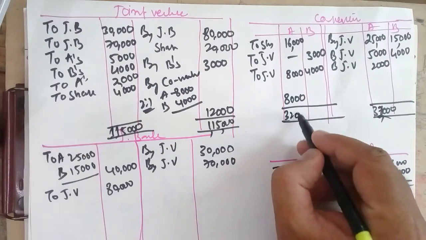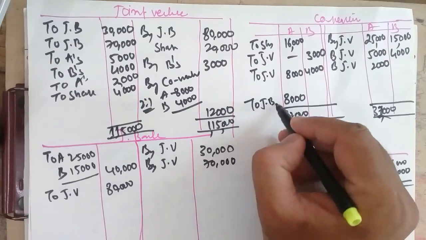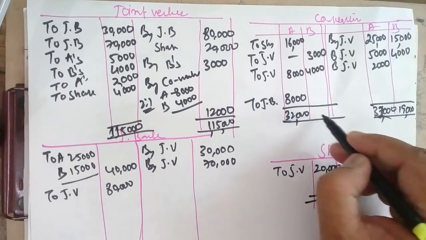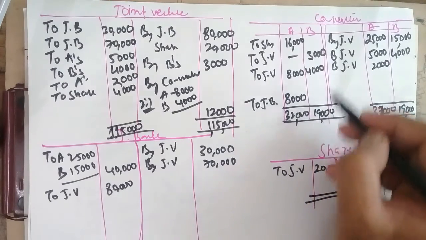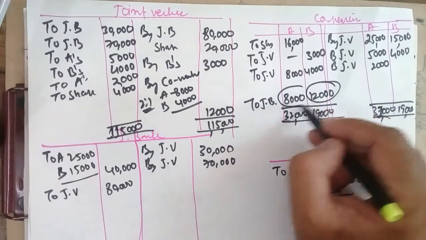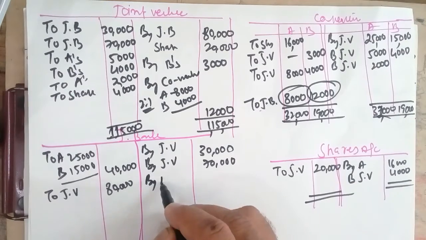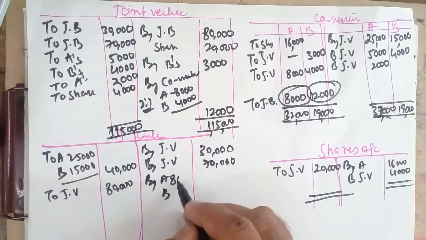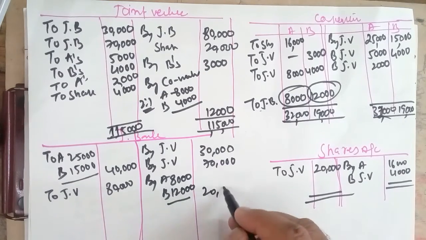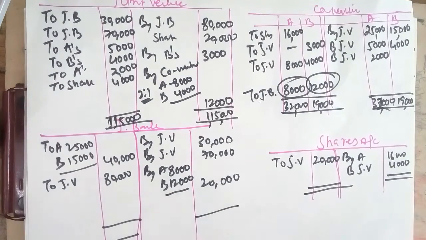So this balancing figure goes to joint bank account, right? In the same way, 15 plus 4, that is 19,000. 19 minus 7 is 12,000. So these balancing figures go to which account? Joint bank account. In joint bank account, we write by A, by B, 8,000 and 12,000, collectively 20,000.